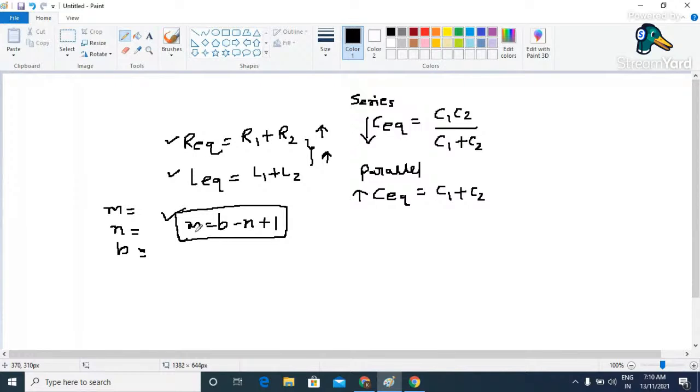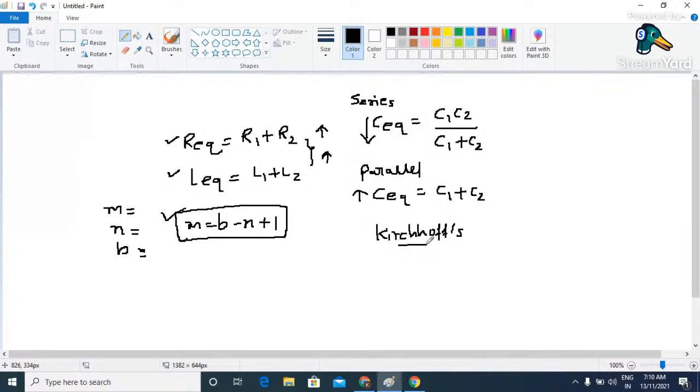And then we discussed the most important circuit analysis tool as far as network theory is concerned, and that is Kirchhoff's laws. So what exactly do Kirchhoff's laws tell us?